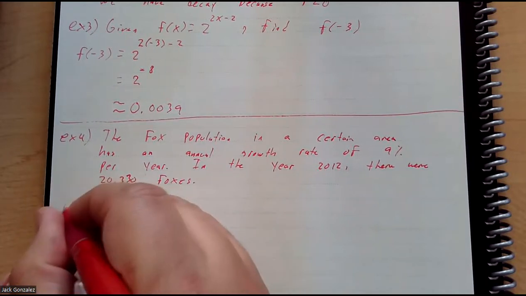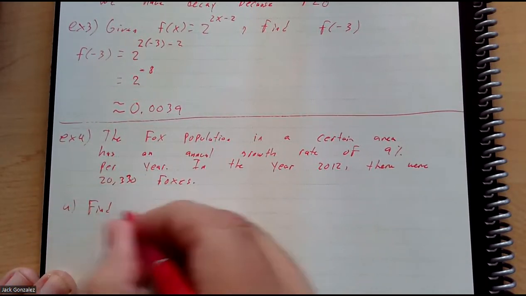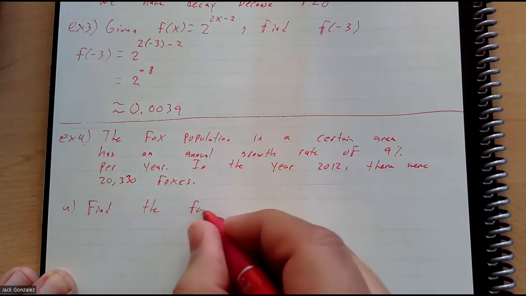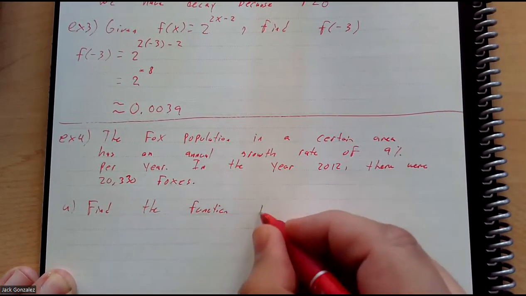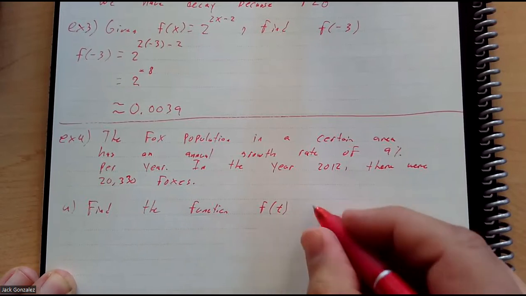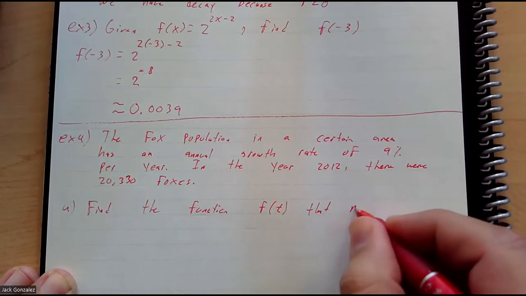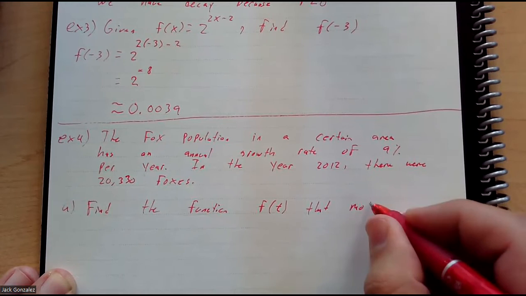So part A, find the function f of t that models the fox population.